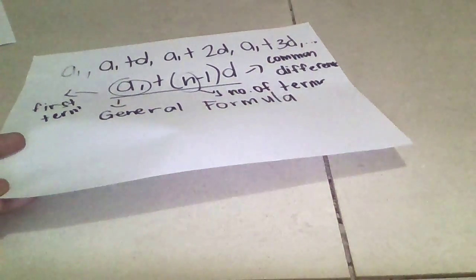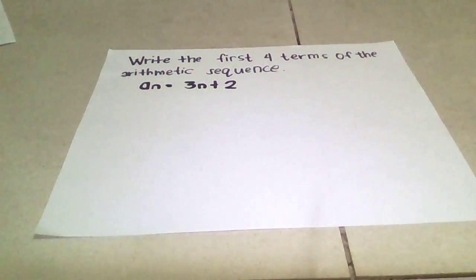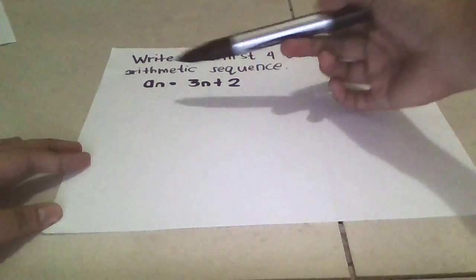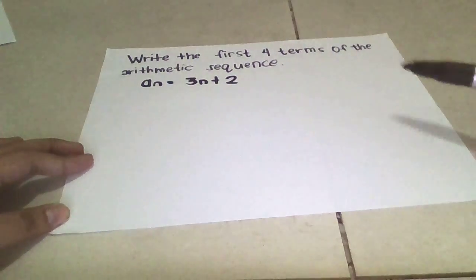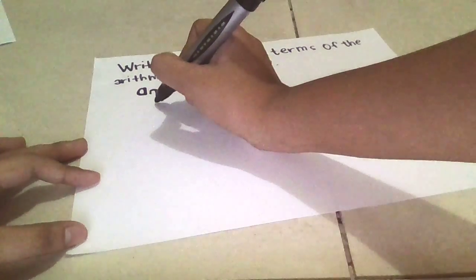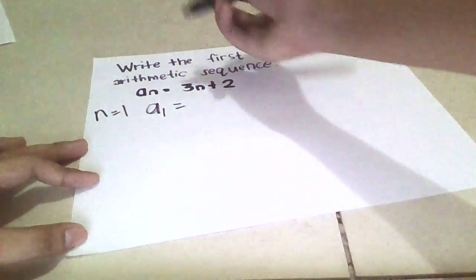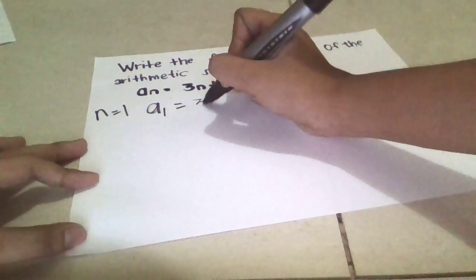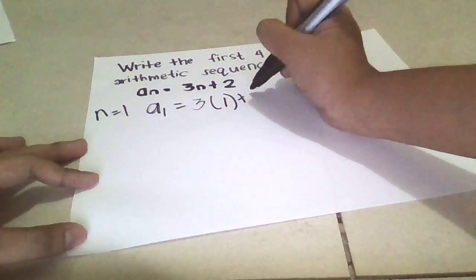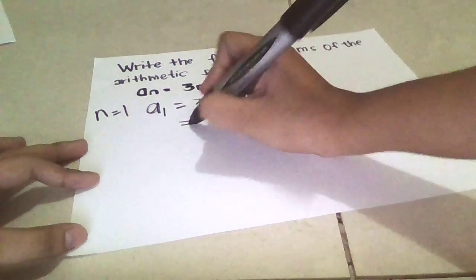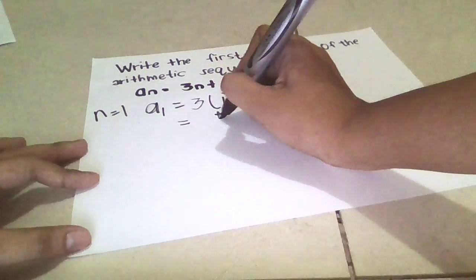So let's give some examples. Write the first four terms of the arithmetic sequence a sub n is equal to 3n plus 2. In finding a sub 1, you substitute n as 1. So 3 times 1 plus 2 is equal to 5.